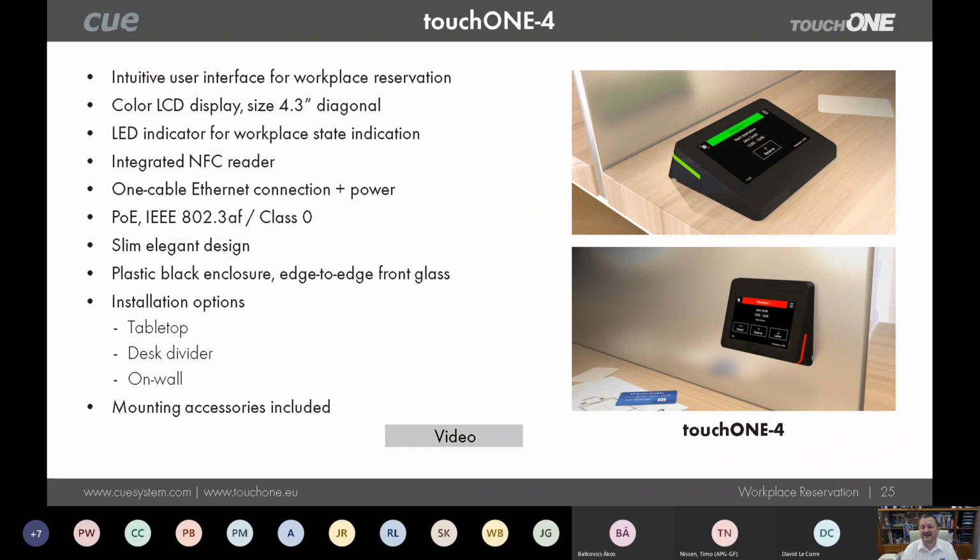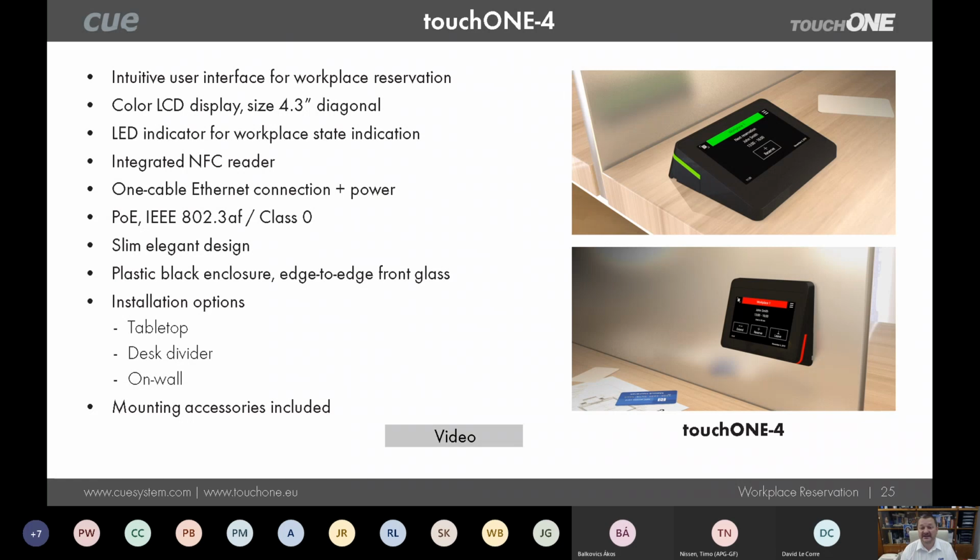The basic difference is it's a completely different design. It's a plastic enclosure. You can install it in many different positions, and it's a touchscreen, so you might get more information on the screen than what is giving you just a basic interface.